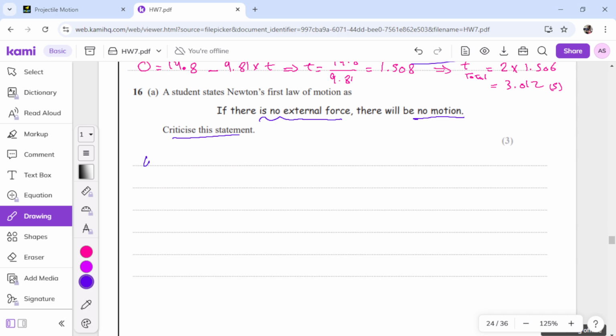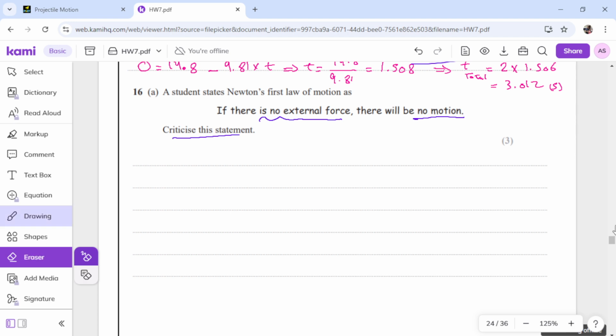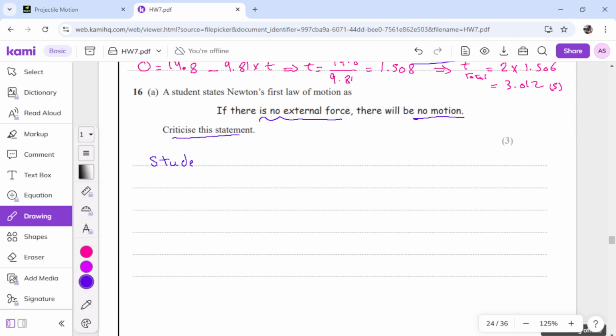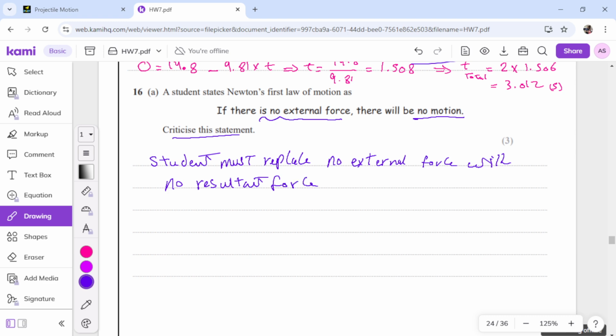So first, student must replace no external force with no resultant force. And replace no motion, because maybe the object is moving but with a constant speed.